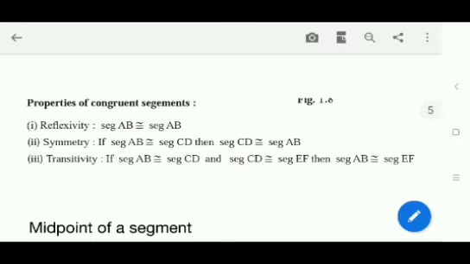If segment AB is congruent to CD and segment CD is congruent to segment EF, then we can say segment AB is congruent to segment EF. So transitivity, I'll say it with numbers so that you can understand it easily. If 1 is congruent to 2 and 2 is congruent to 3, then 1 will be congruent to 3. These are the 3 properties of congruent segments.